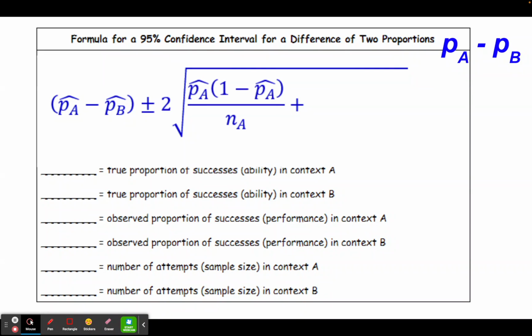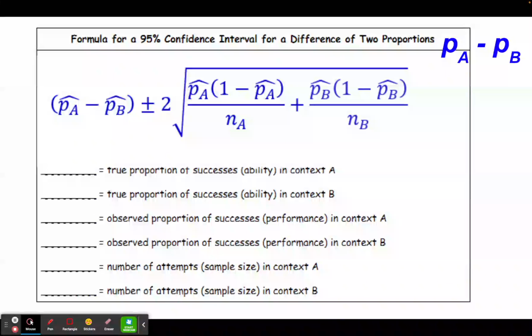So we're going to do that first, but using context A. So we have p hat A times 1 minus p hat A over n A. And that's all the numbers that go along with the first context in your problem. Now we're going to repeat that for context B. So even though the formula looks big and complicated with lots of symbols, it's really just a modification of the formula that we used in section 9.2.